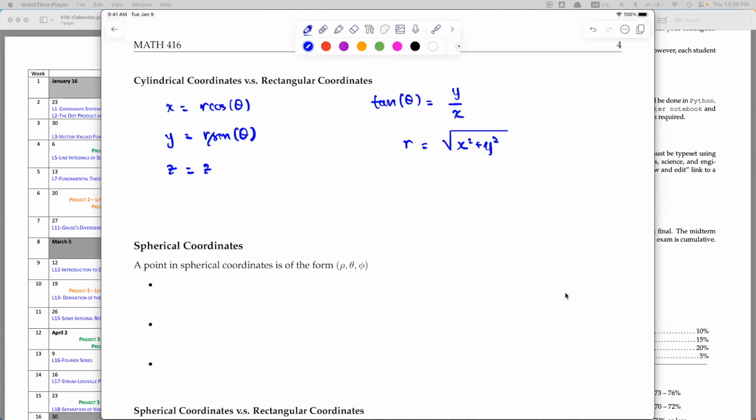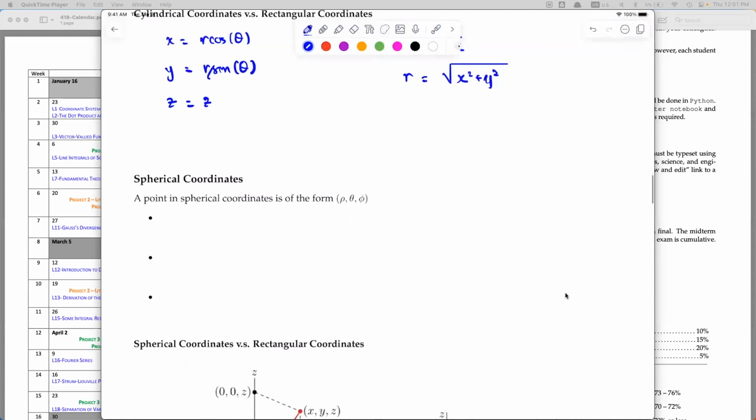Now another three-dimensional coordinate system is spherical coordinates. So a three-dimensional point consists of three components: rho, theta, and phi. So rho is the distance from the origin to the point.